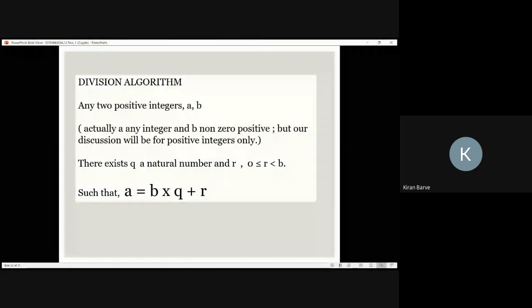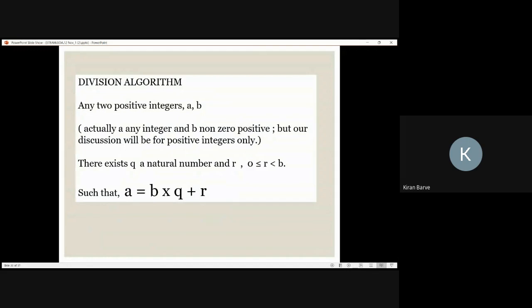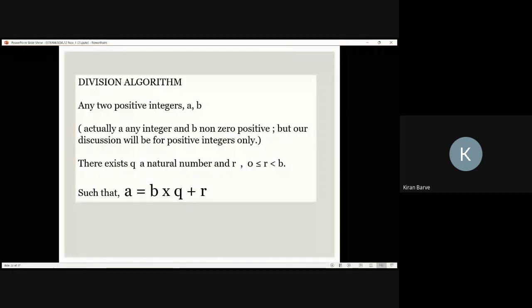So do you know the division algorithm? That means if there is an integer a and a non-zero positive integer b for the time being, I can write a equal to bq plus r, where q is the quotient and r is the remainder.